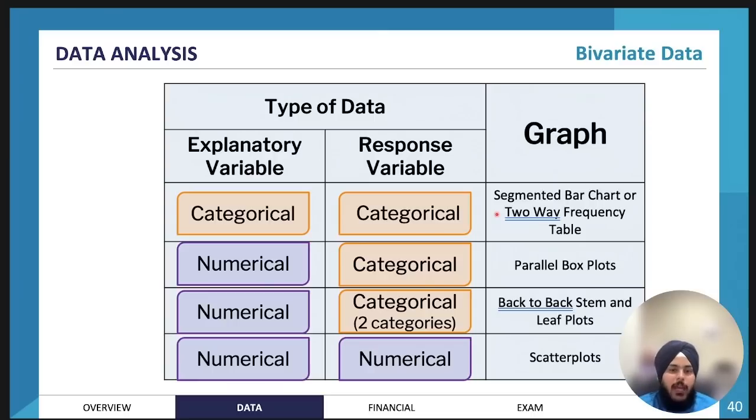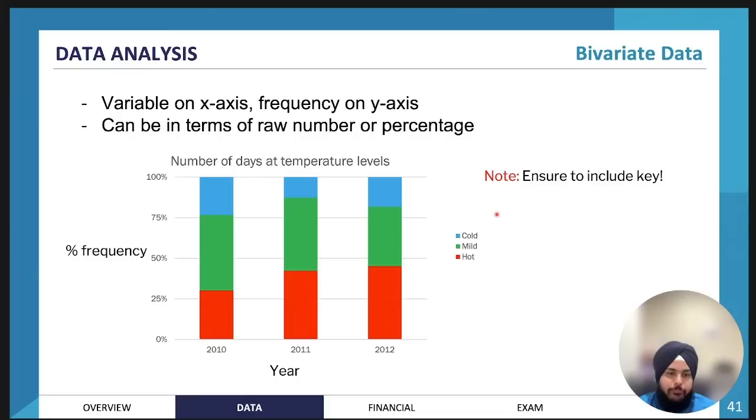Okay, so let's just quickly look at how these graphs actually look and how we can interpret them. So in terms of percentage segmented bar charts, they usually have the explanatory variable on the x-axis, and the frequency again will be on the y-axis, but this time the data will usually be split.